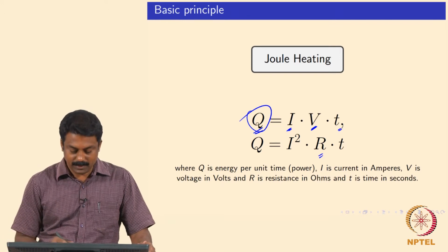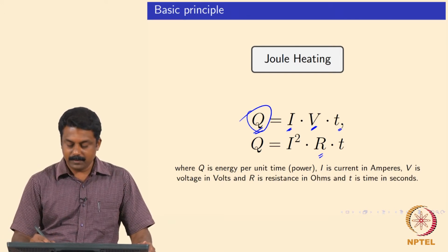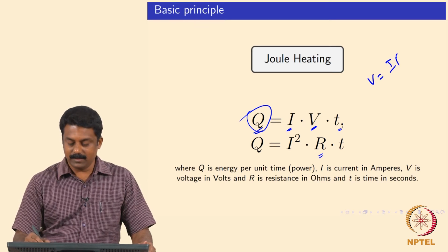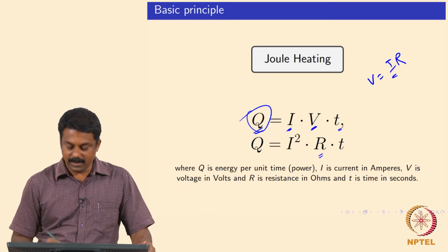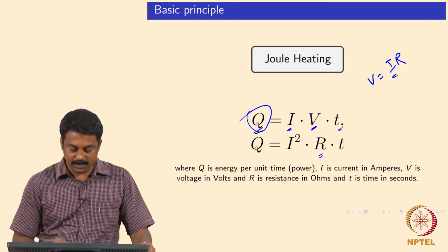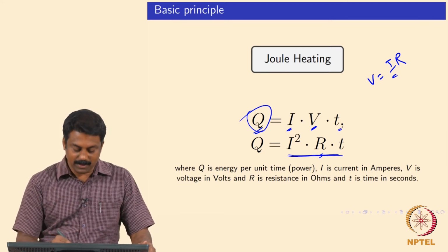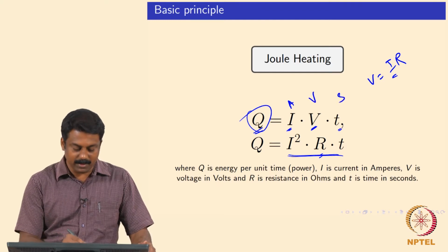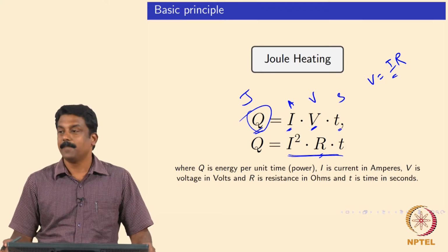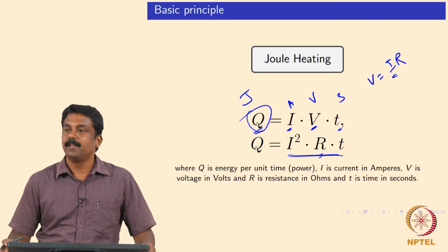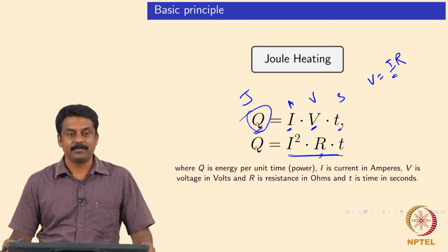What is the relationship? V equals IR, and when we replace V with IR, it becomes I squared R t. Always remember that ampere, volt and second give joule, from the basic definition of the ampere and volt.